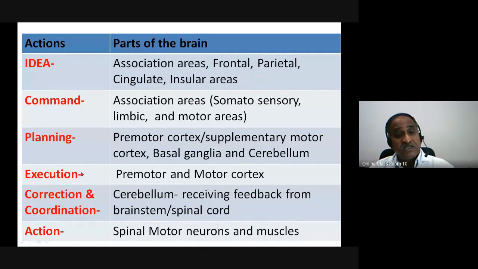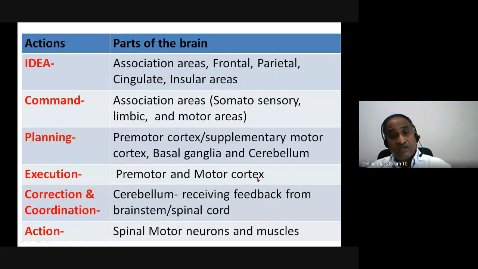Now the cortex sends impulses down to the spinal motor neurons for the action. At the same time, it will send information to the intermediate or spinal part of the cerebellum. Now, what happens?